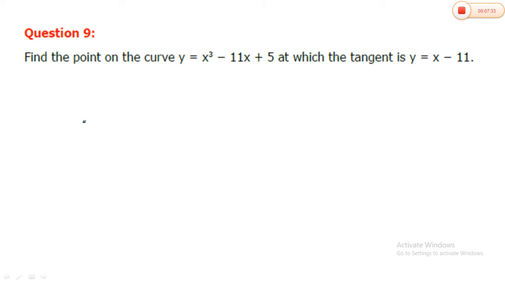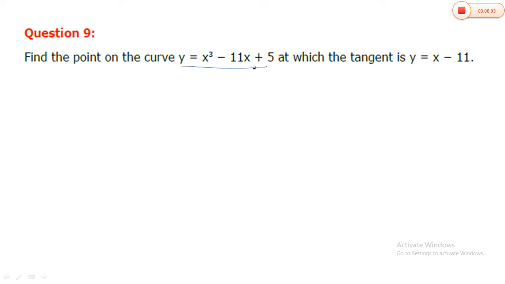The next question is: find the point on the curve y equal to x cube minus 11x plus 5 at which the tangent is y equal to x minus 11. To find this, again we apply the same rule, that is, first find the derivative.